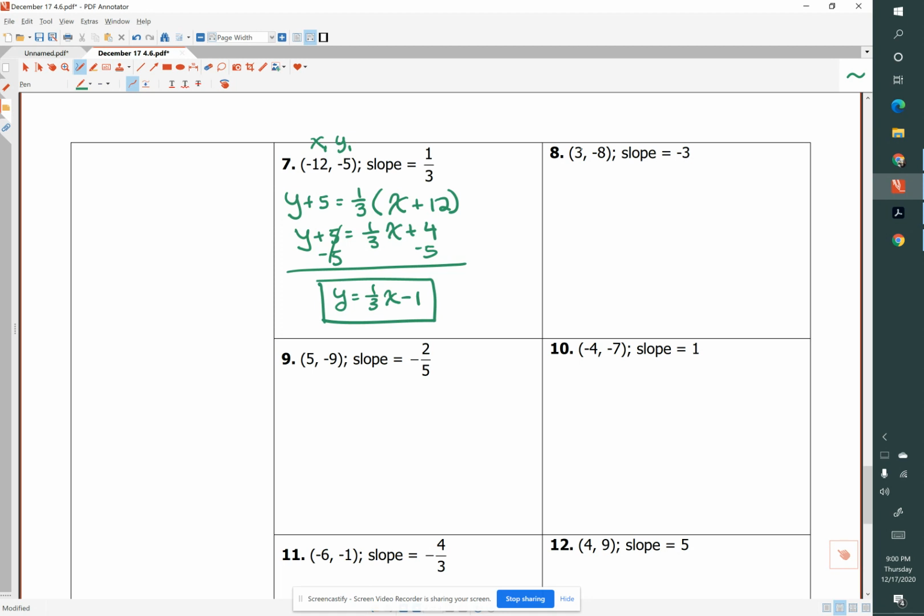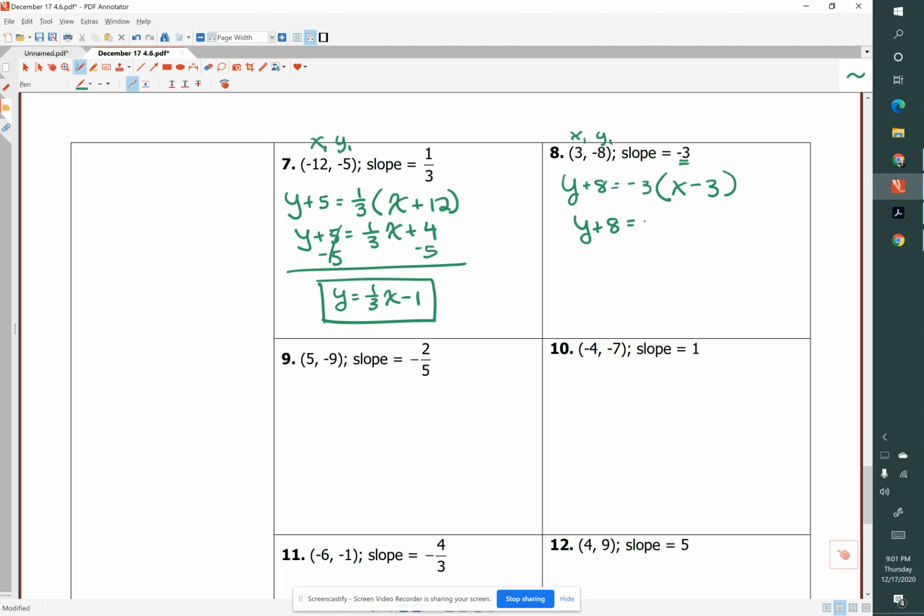Number 8. Here's our x sub 1, y sub 1, slope of negative 3. Plug it in the formula. Y minus negative 8 will be y plus 8 equals negative 3 times the quantity of x minus 3. Then we distribute.